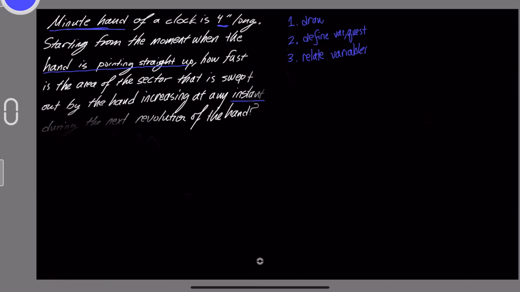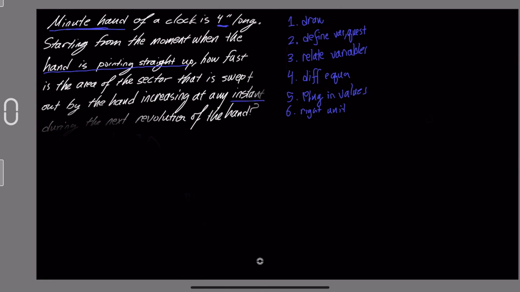The fourth step is to differentiate your equation in which you related the variables. The fifth step is to plug in your known values. And then your sixth and final step is to just put in the right units.